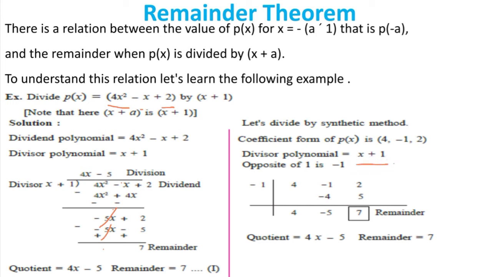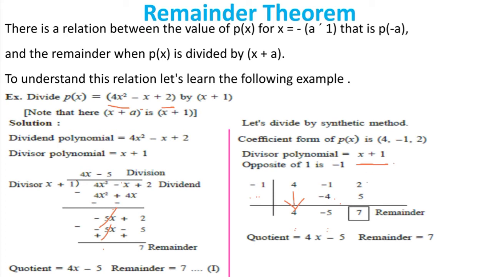We write the coefficients of the dividend 4, minus 1 and 2, and the divisor is minus 1. Take 4 down. Minus 1 into 4 is 4, but 4 is plus, 1 is minus, that's why the answer is minus. Minus 1 minus 4 is minus 5. Again multiply minus 1 into minus 5, minus minus plus, 5. 5 plus 2 is 7.